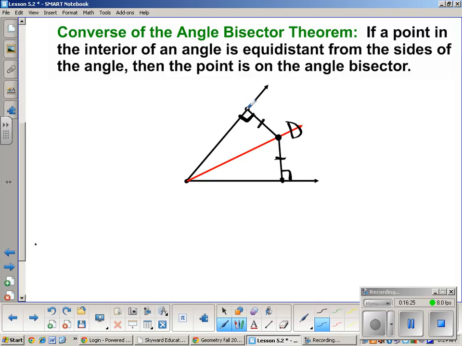And so if that's true, then that means that red line, which connects that point with the vertex of the angle, has to be the angle bisector. So if these are equal and perpendicular, then that point is on the angle bisector, which means that these two angles have to be equal. Okay?